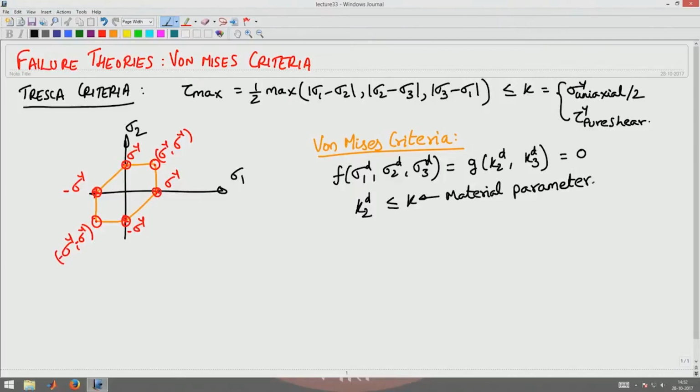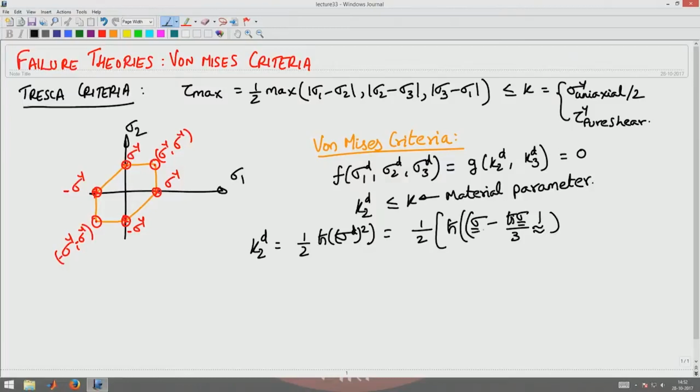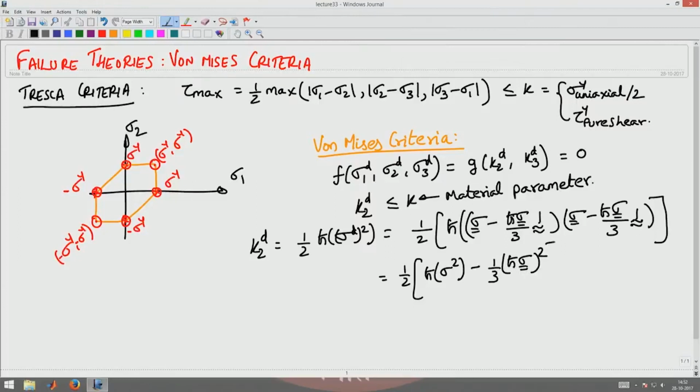From our lecture 9, we know that k2d is nothing but 1 half trace of sigma d squared, which is 1 by 2 into trace of sigma d, where sigma d is sigma minus trace sigma by 3 identity, multiplied by sigma minus trace sigma by 3 identity, which is nothing but 1 half trace of sigma square minus 1 by 3 trace sigma whole square.